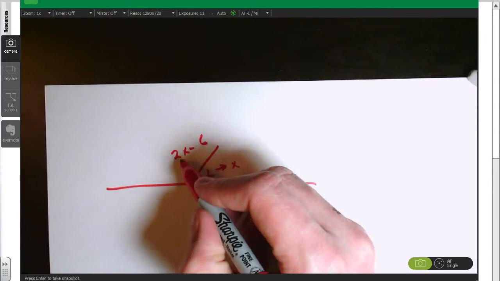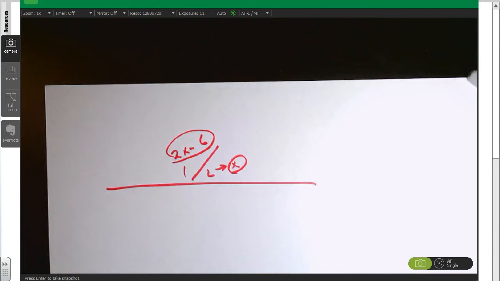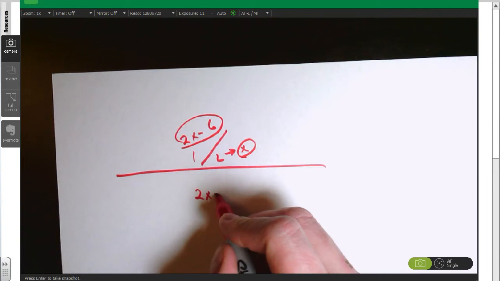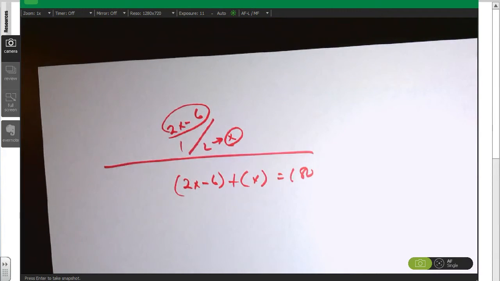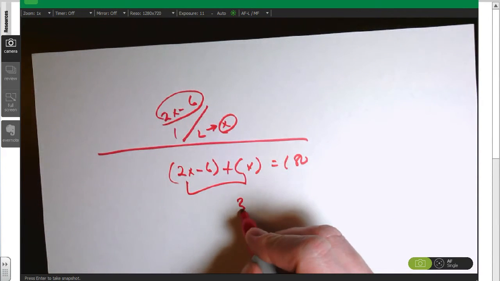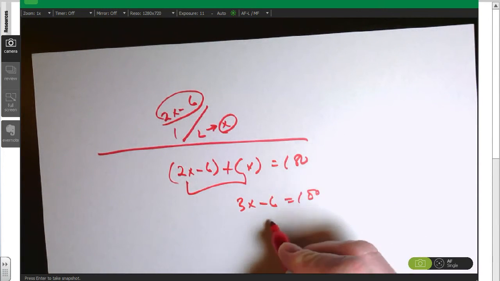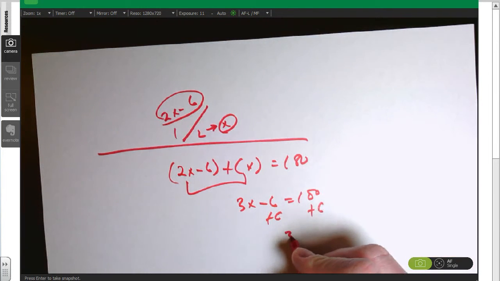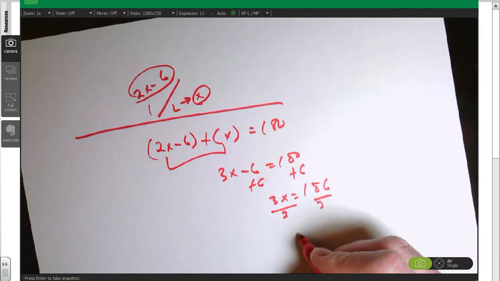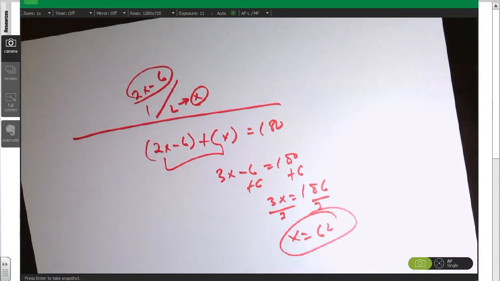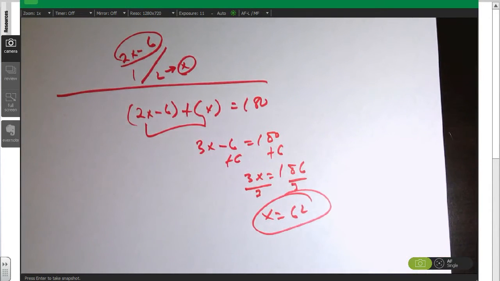So this guy is 2x minus 6. This guy is x. So 2x minus 6 plus x equals 180. 2x plus x is 3x minus 6 is 180. Add 6. 3x is 186. Divide by 3. X is 62.